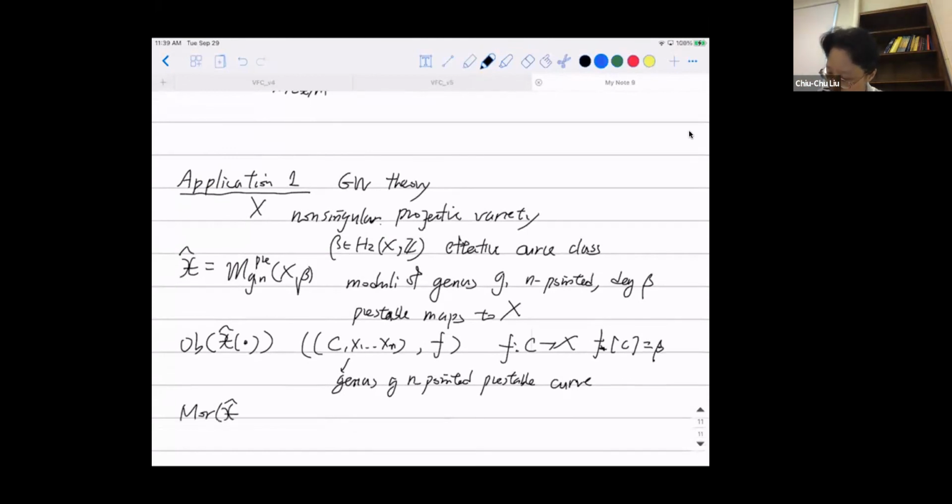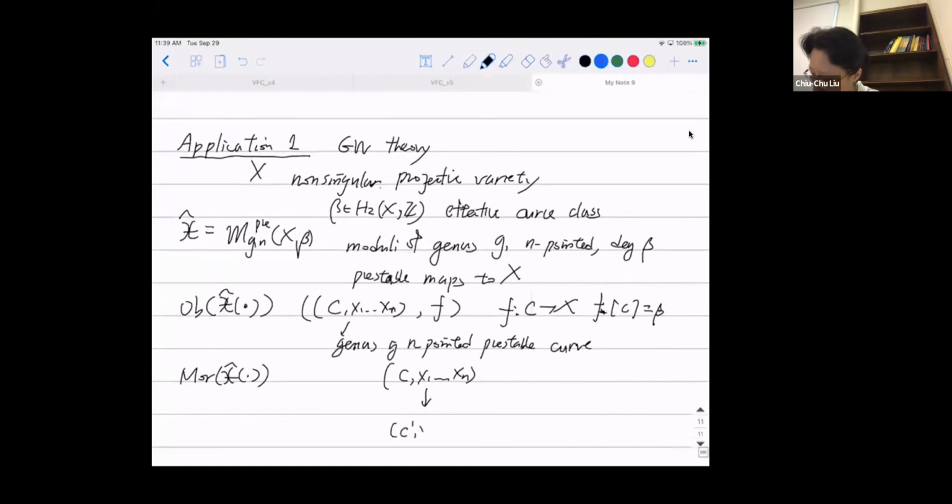And so this is a groupoid. All the morphisms are isomorphisms if you have two pre-stable maps. Isomorphism is the isomorphism of domains, preserving the marked curve with marked points, such that this diagram commutes.